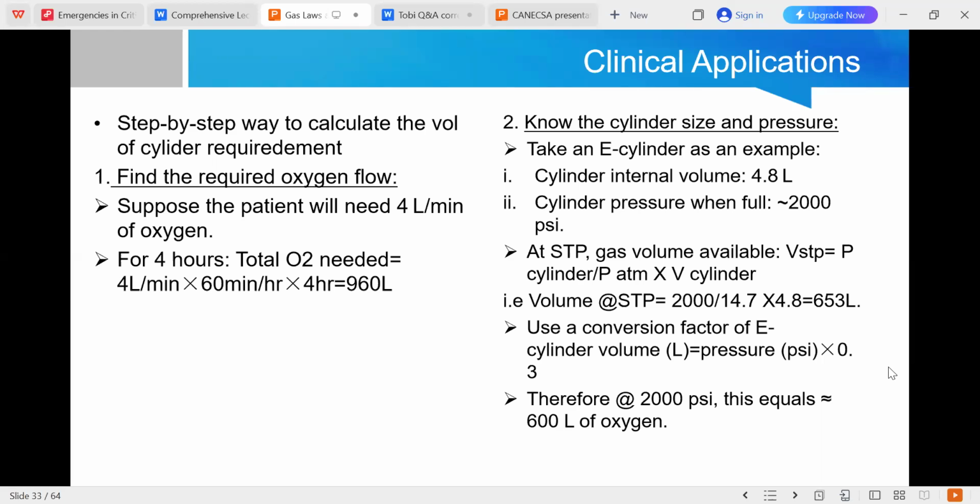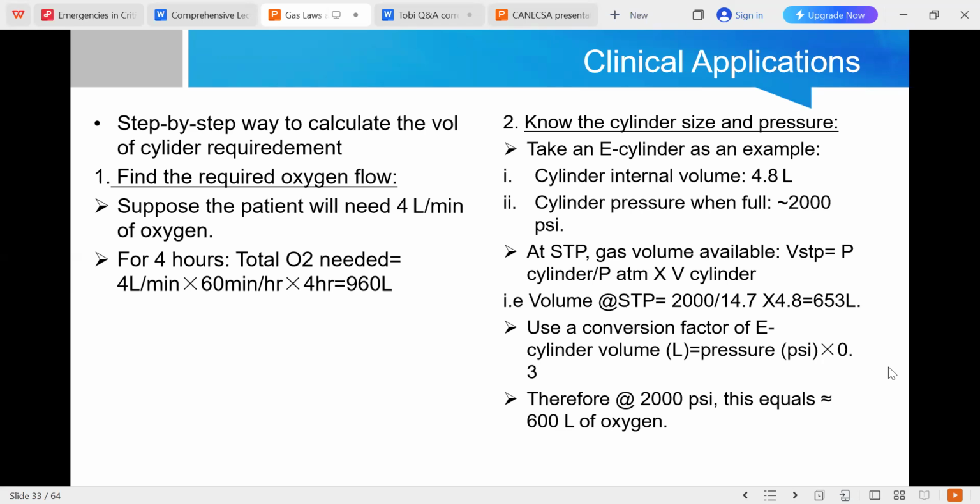So for instance, if you say at 4 liters per minute of oxygen, you can get an SpO2 of 95 and you're happy. So we need to know how much oxygen you need for the 4-hour trip. So you need to calculate that. For a journey of 4 hours or a procedure of 4 hours, using 4 liters per minute, the total oxygen you will use will be around 60 liters.